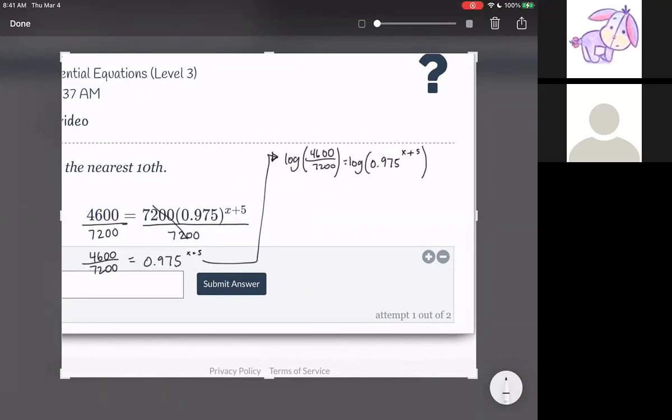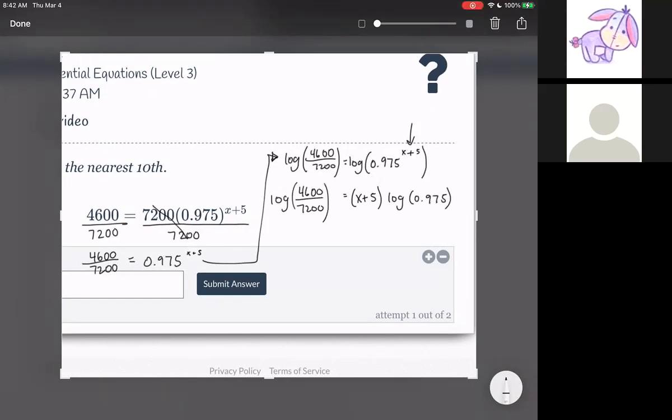Okay, so we got our exponential by itself, and then we took the log of both sides. So now that we take a log of an exponential, the exponent gets placed in the front. And then this is an x plus 5 multiplied to log of 0.975. This side remains unchanged.